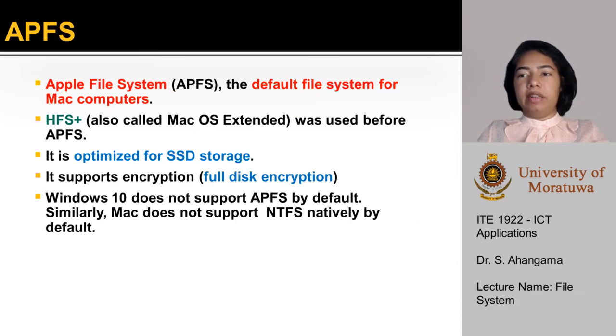Then the Apple file system, or APFS, is the default file system for Mac computers. In June 2016, Apple file system was announced as a replacement for HFS Plus, which had been used since 1998.